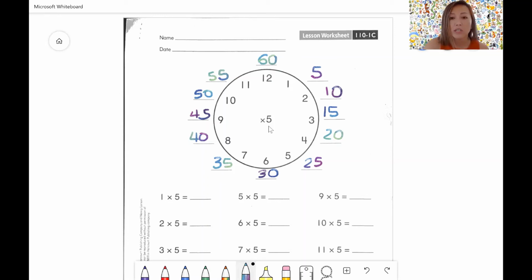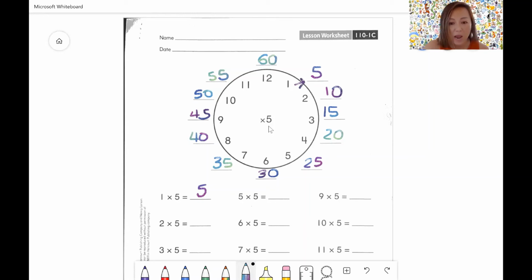Okay, so let's take a look at this. If I looked at number 1 and I said 1 times 5, and if I look at the very first fact sheet on our paper, 1 times 5, look, the answer is 5. Right? Because the 1 is telling me there's 5 minutes. Okay, 1 times 5 is 5.